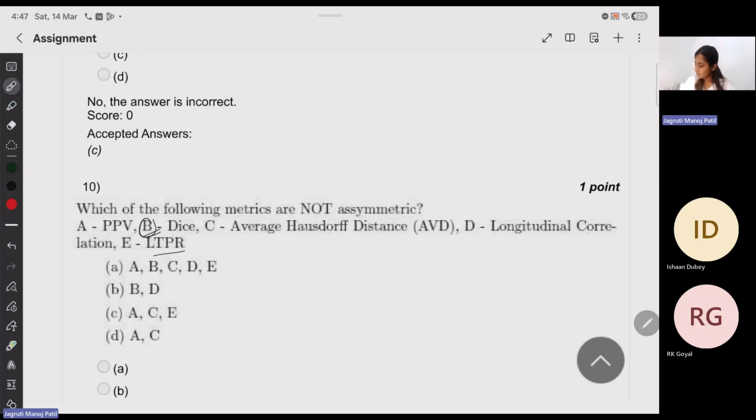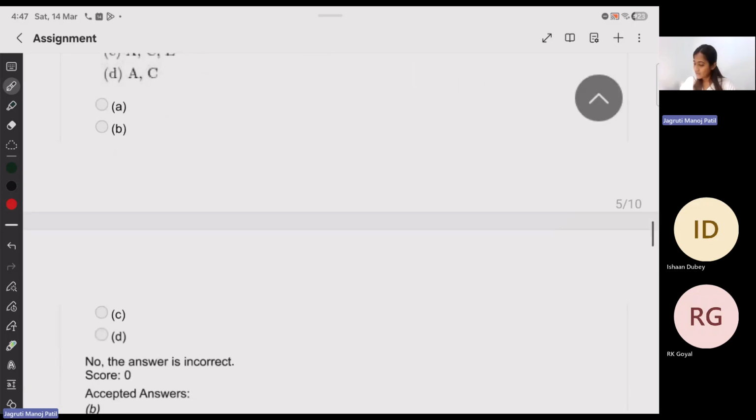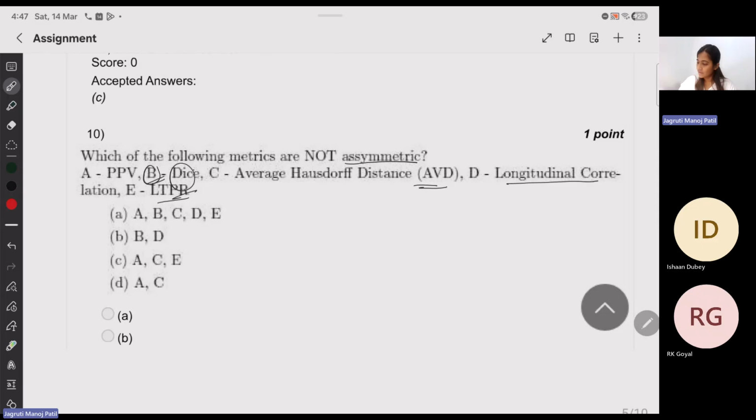Which are symmetric? Distance cannot be. Rates cannot be. Dice coefficient was because of Gaussian being involved there. I don't know about PPV. I guess we can search it out. That says B, so dice and then this longitudinal correlation. Or else tomorrow's session, I'll check it out and tell you guys about it.